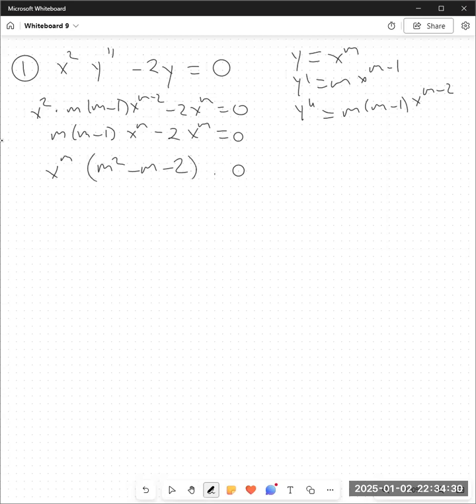And again, I'm not interested in this piece. That's trivial. M squared minus m minus 2 equals 0 is what I'm interested in. So I'm going to factor that. M minus 2 times m plus 1 equals 0, m equals 2, or m equals -1.